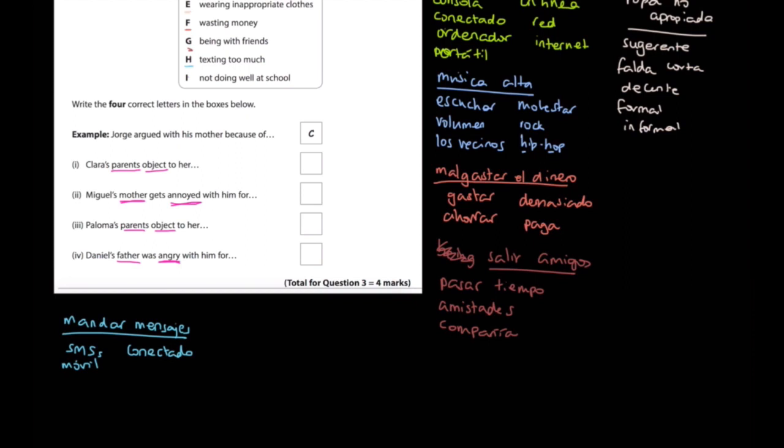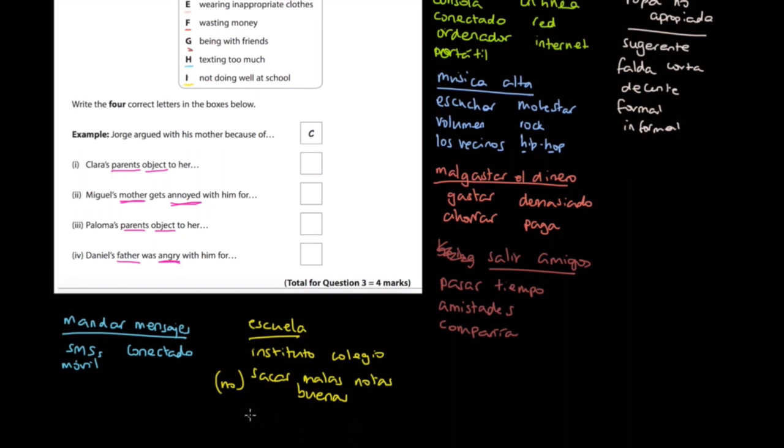And not doing well at school. If the problem is about not doing well at school, we might hear things like, of course, escuela, instituto or colegio. We may hear expressions like sacar malas notas, to get bad grades, or sacar buenas notas, to get good grades. We might hear no saco buenas notas, for example.